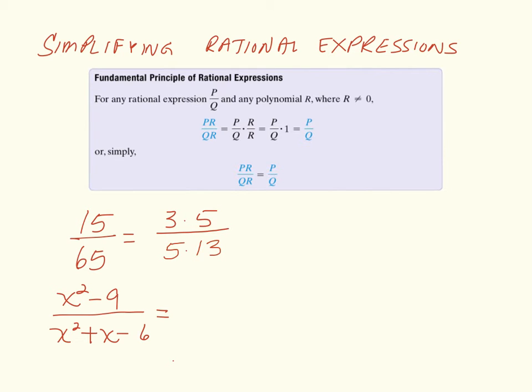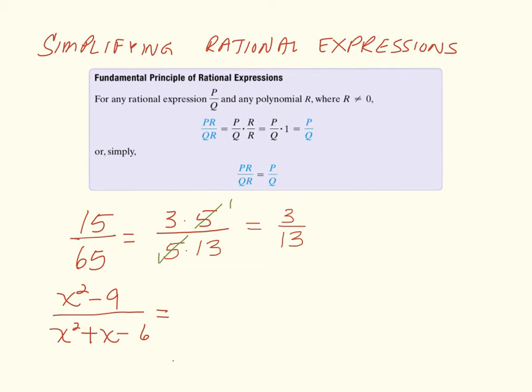Okay, now look at the 5 in the numerator and the 5 in the denominator. Well, what happens then is that they can cancel and it forms a 1, right? So then what you're left with is 3 over 13.